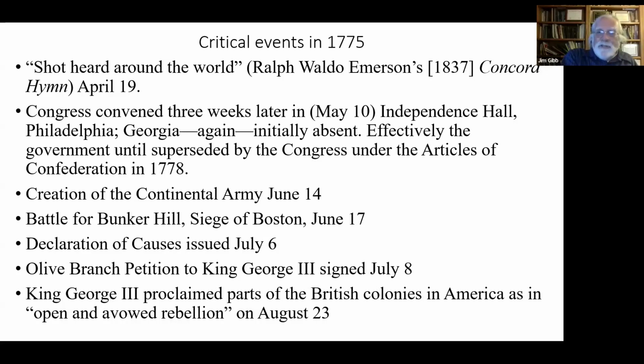They issued a declaration of causes on July 6th, and this is a somewhat incendiary document, but it laid out why the colonists felt justified in armed resistance. 2 days later, they also adopted the so-called Olive Branch Petition to King George, which again says, we're loyal to you, it's your ministers, we think we could still resolve this.